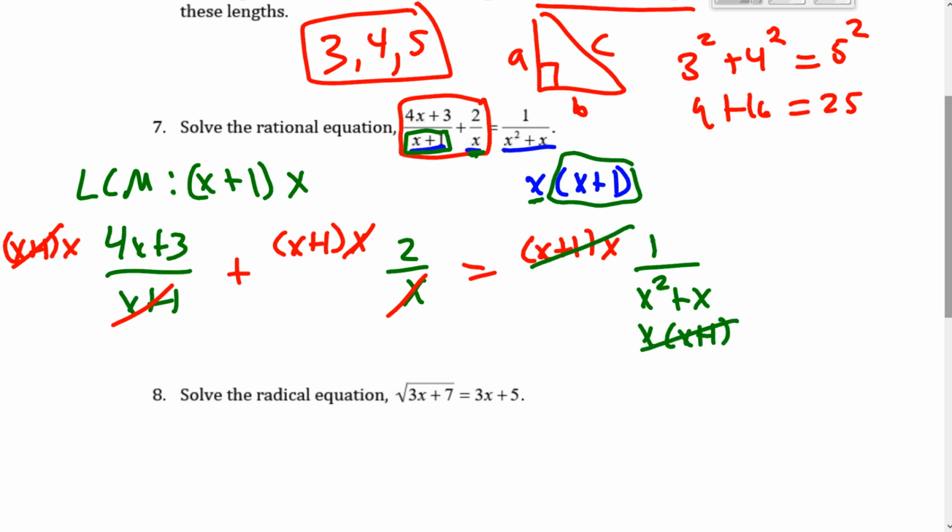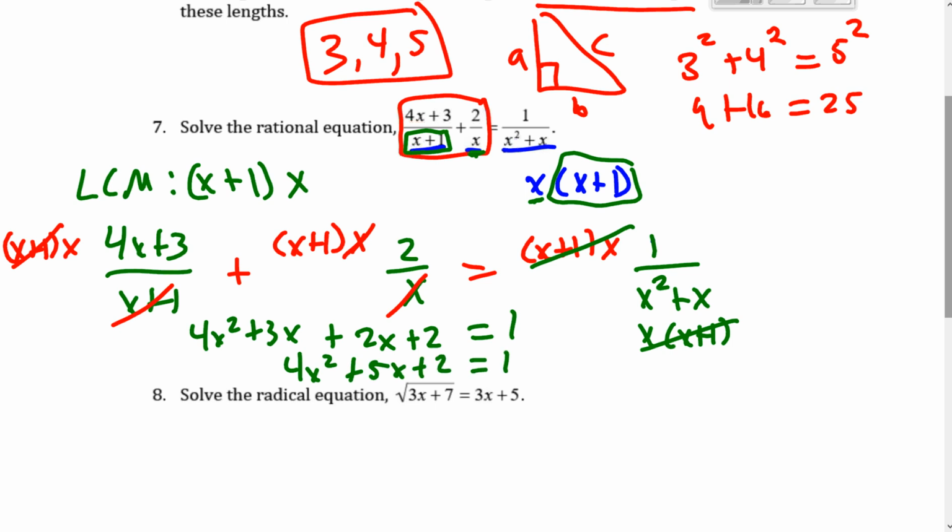Right? So then we just have this equation, x times 4x plus 3, which is 4x squared plus 3x, plus 2 times x plus 1, so that's 2x plus 2. And over here we just have 1 times 1, which is 1. So then we can combine like terms, and we get 4x squared plus 5x plus 2 equals 1.